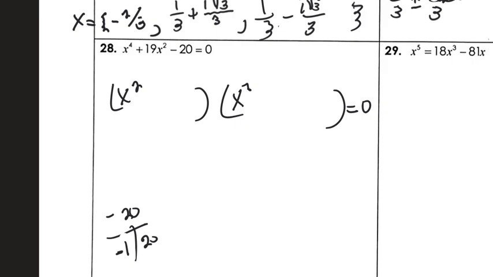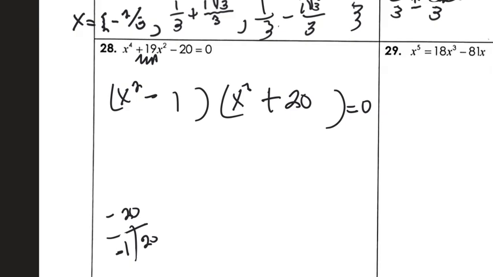Would that be, yeah, 20 take away 1. That's 19, right? That's the middle number. Good. Oh, so we've got minus 1 and plus 20, without the x, right? Without the x, sorry. All right, so that's an x to the 4th thing.